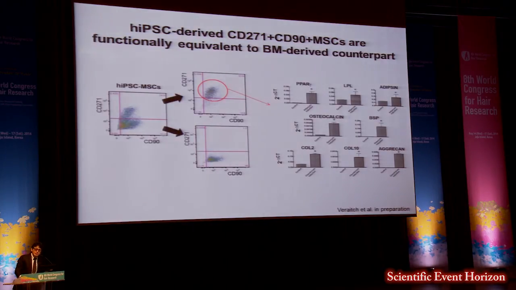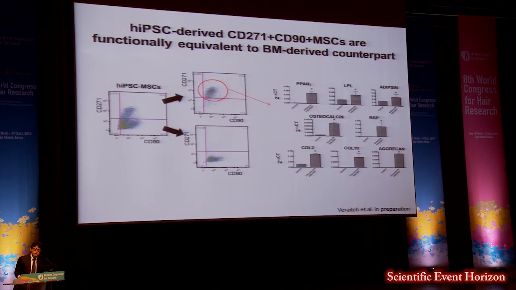But very interestingly, in the mesenchymal stem cells regenerated from human iPSCs with our protocol, as you can see here, in this sample we can see up to 20% of the mesenchymal cells are CD271 and CD90 positive.